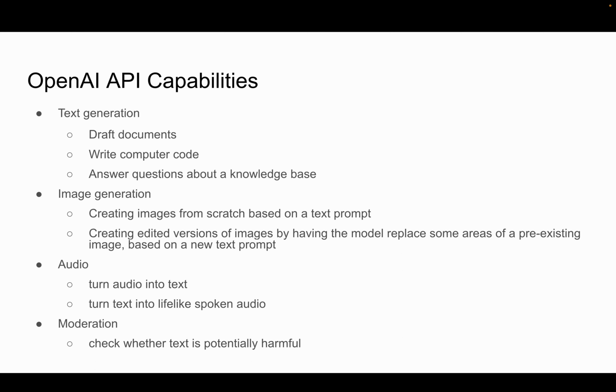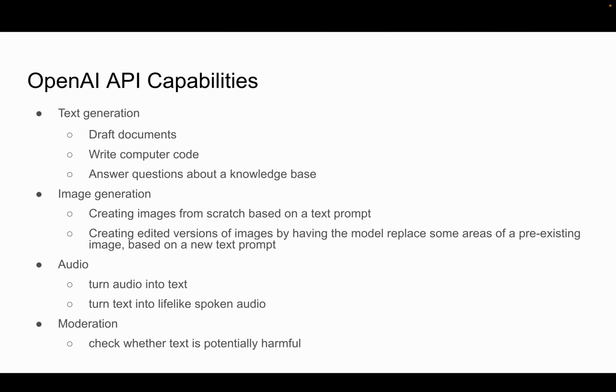So here are some capabilities that OpenAI API can do. It can generate text. For example, it can draft any documents like email for you or write any code for you. It can also answer questions based on any knowledge base.